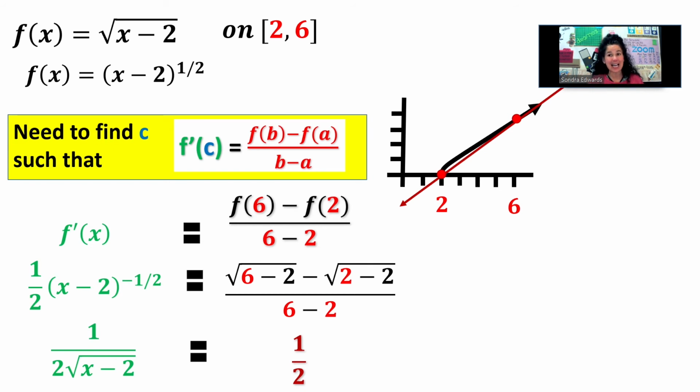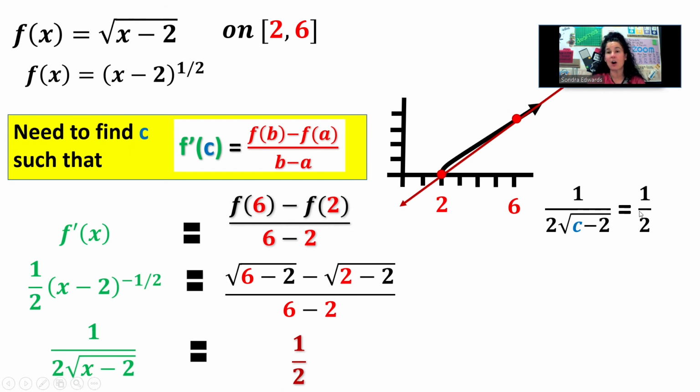Now, there is some x value out there where the derivative is equal to the slope between the endpoints. Kind of going above and beyond here, I don't think it's completely necessary, but since I'm looking for an x that we call c between 2 and 6, I went ahead and just rewrote the equation and replaced the x with c. Okay, that's maybe a little too far, but nonetheless, that's what I did.